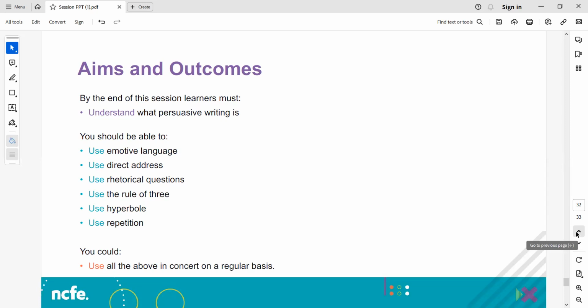How have they used those in the writing? Try and pick them out, because being able to recognise them will help you to use them in your own writing. So just everything you read, think about what we've done each week, and can you spot it in the writing? Can you spot those techniques? Because as I say, that's what's going to help you to use it yourself.